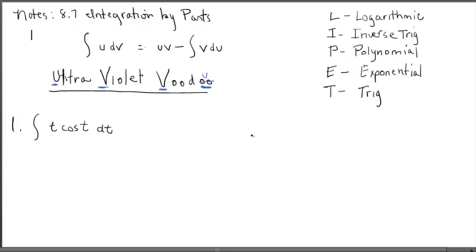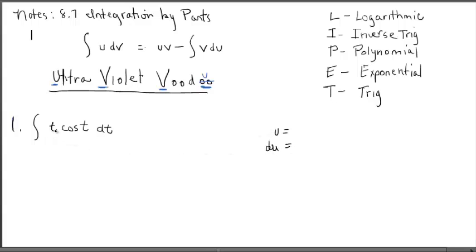Over here, this is what I would recommend. Once you establish you're using parts as a method, let's list those four things that I need to come up with. I'm going to need to establish what is u, which is going to be what's given to me here. What part of this integrand is going to be u, so that du, the derivative, is pretty easy?